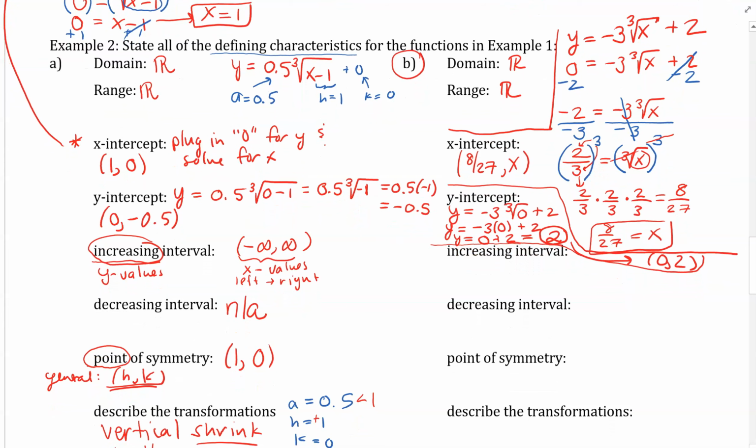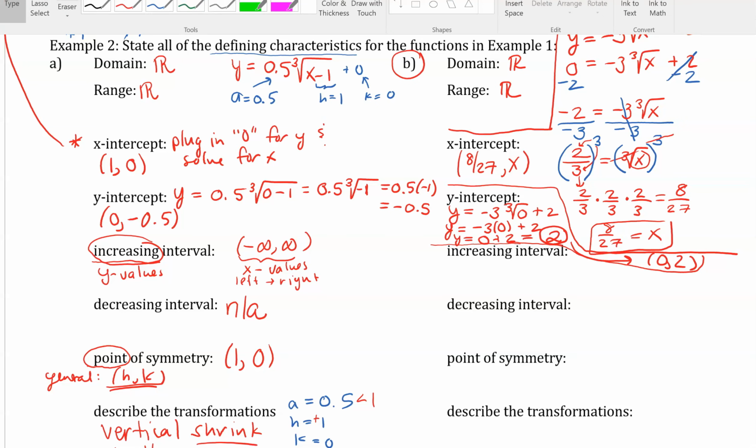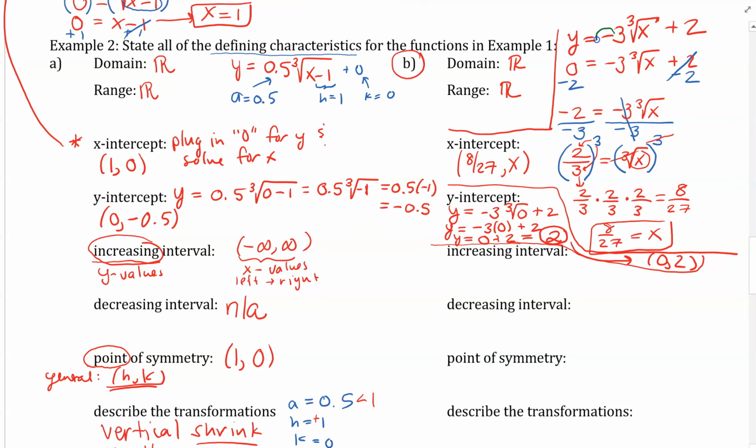For the increasing interval, this particular equation had a negative a value. And so this graph is not going to increase because the negative a value caused a reflection and made the squiggle go down and to the right.